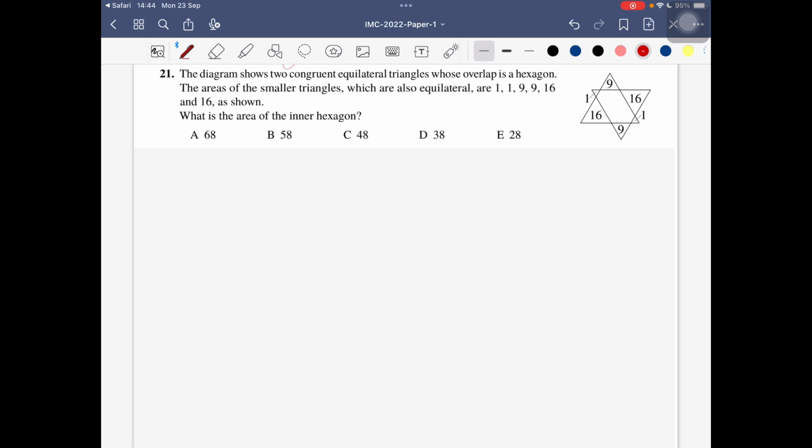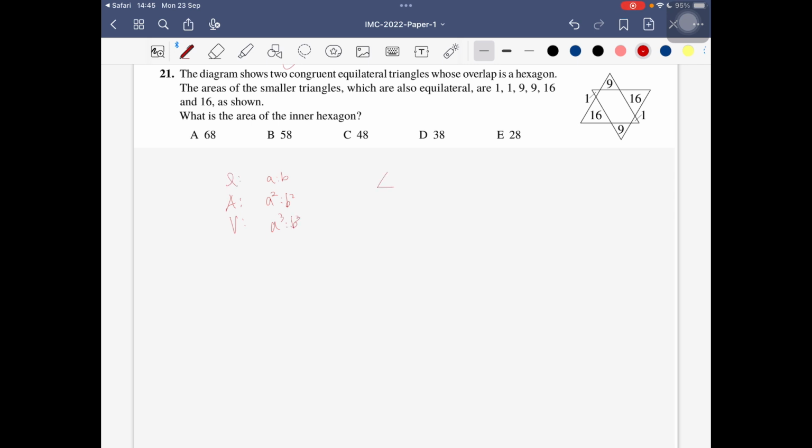Number 21, there are two congruent equilateral triangles, and when we overlap them together, more smaller equilateral triangles are shown, and they have different areas, 1, 9, 16, something like that. When there are two similar shapes with length ratio A to B, then the area ratio goes to A squared to B squared, and the volume ratio goes to A cubed to B cubed.